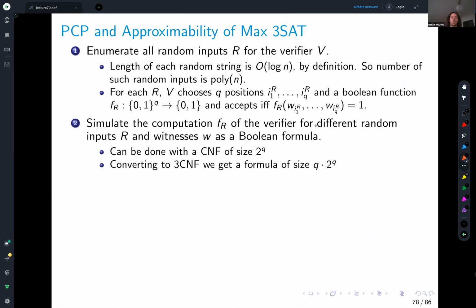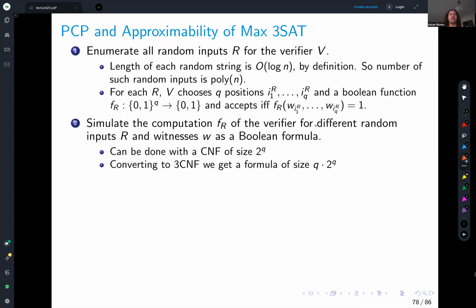And now, what do we do? Well, we can simulate the computation f_R of the verifier, for different random strings and witnesses W, as a Boolean formula, right? This is the usual way we simulate a computation by a Boolean formula, similar to the proof of NP-completeness.